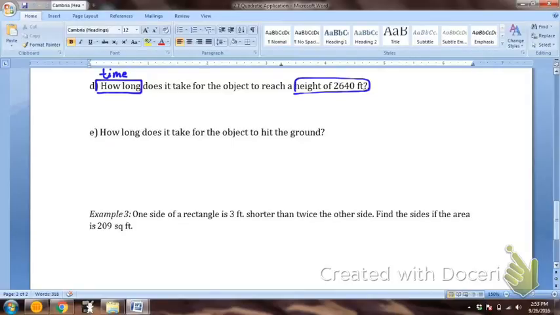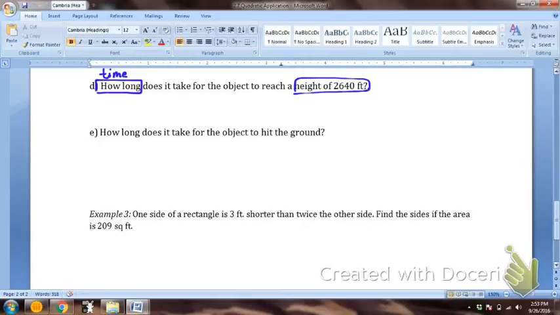What in my equation, in problem number 2, represents the height in your problem? Not on my board, but in your paper. That's the height of the cliff. Okay. What in that equation represents height? The h of t represents height.